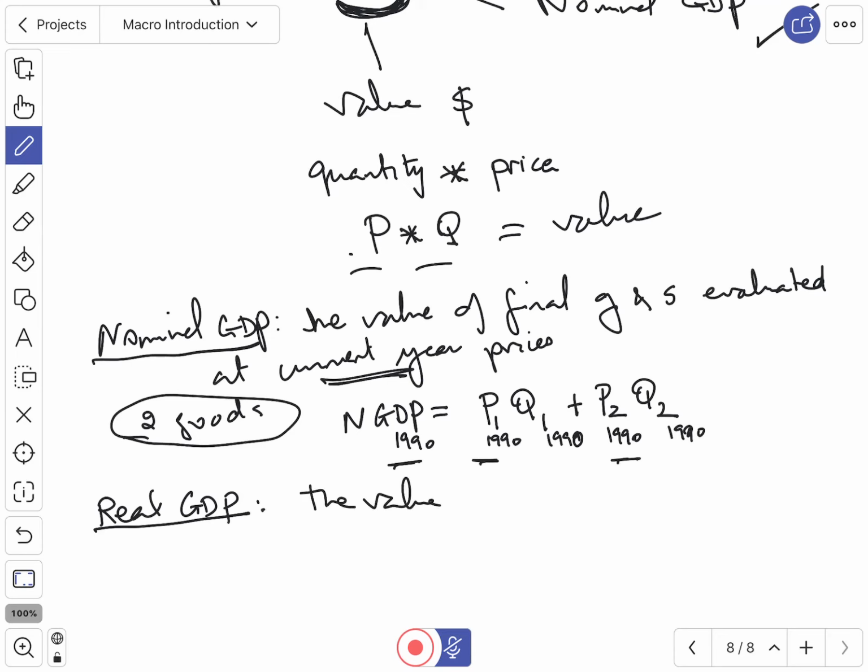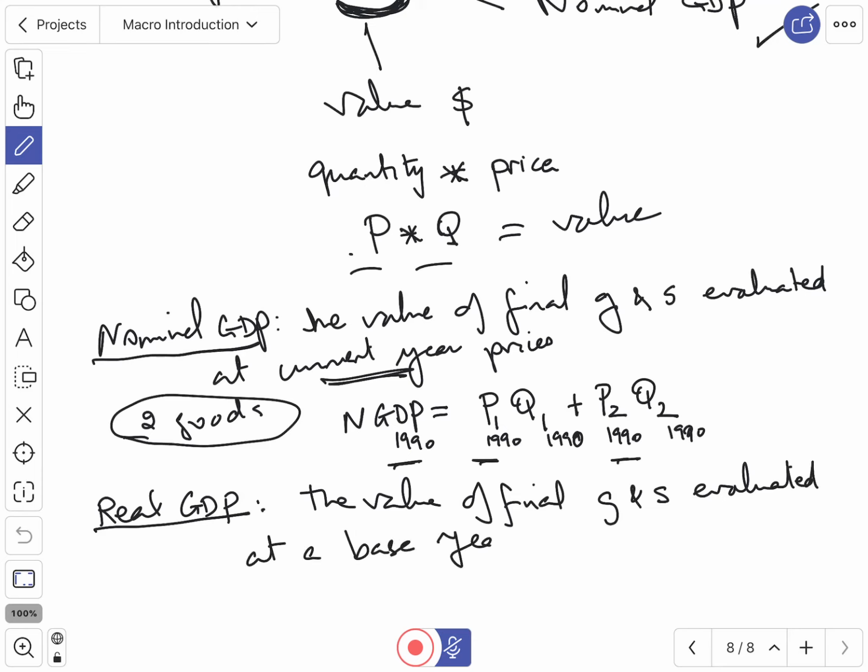The value has to be final goods and services evaluated at base year prices. So what is a base year price? It's a constant year. So I'm fixing a certain year. I'm saying that, okay, I'm focusing on production. I really don't care about the movement in prices. So I'm going to fix a certain year's prices and consider it as my base year.